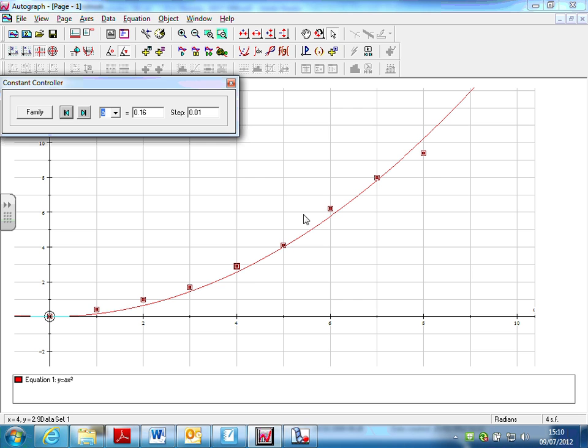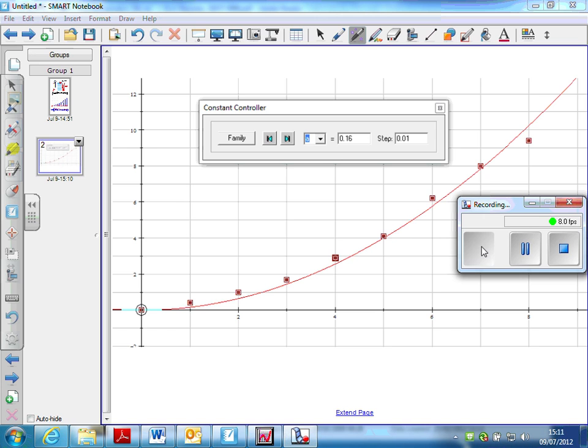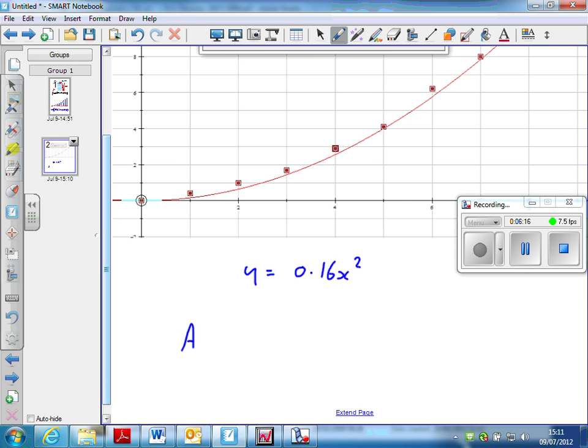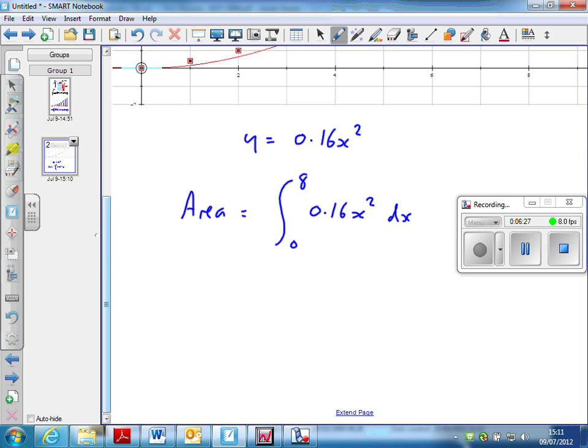So I could take that function and integrate it between the limits. So from this particular function we could say y equals 0.16 x squared. So the area equals the integral between 0 and 8, because those are our limits, of 0.16 x squared with respect to x.